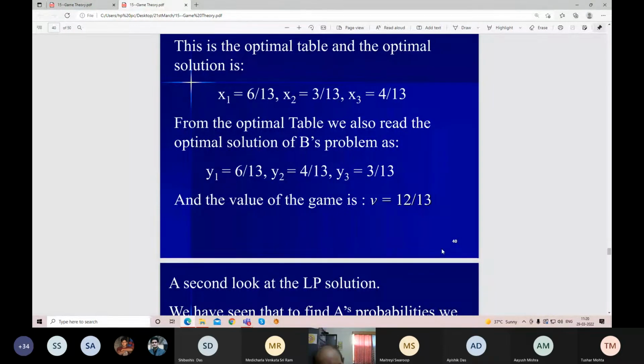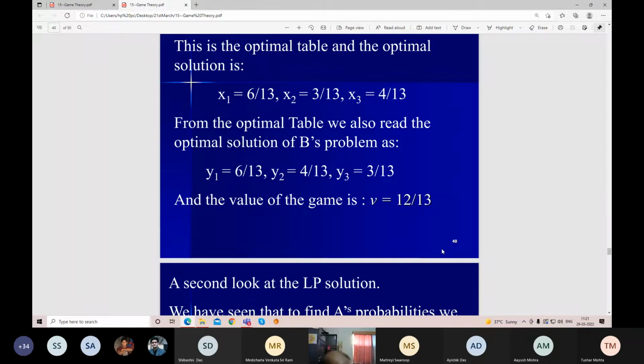After finding the solution, you will check whether for each cell, ui plus vj is less than or equal to cij is fulfilled or not. If it is fulfilled, then it is optimal. If it is not fulfilled, we have to find a loop. How to find the loop I have already told. So using the same procedure, find the loop and check. So this is the rule for the transportation problem.